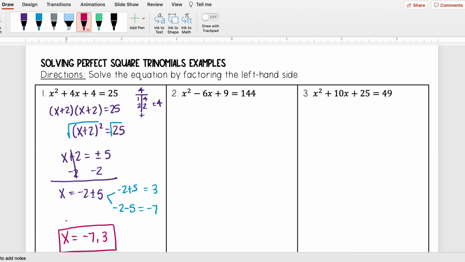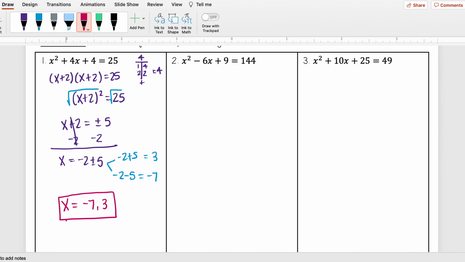Okay, let's look at another one. So problem 2, I have x squared minus 6x plus 9 is equal to 144. Here my a is equal to 1, so I could do my shortcut. I'm just looking for two numbers that multiply to 9 and add to equal negative 6. Since they're multiplying to a positive number but adding to a negative, both of my factors need to be negative.